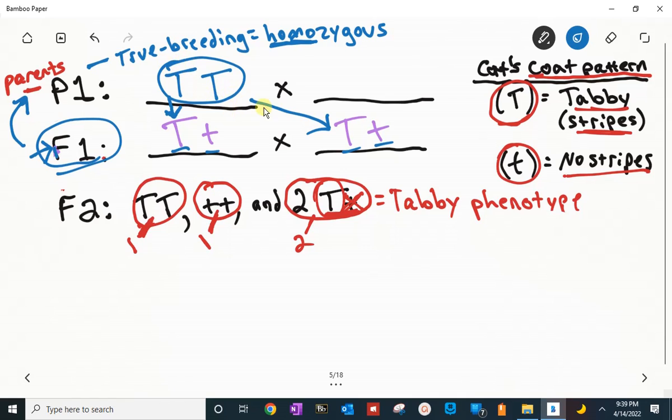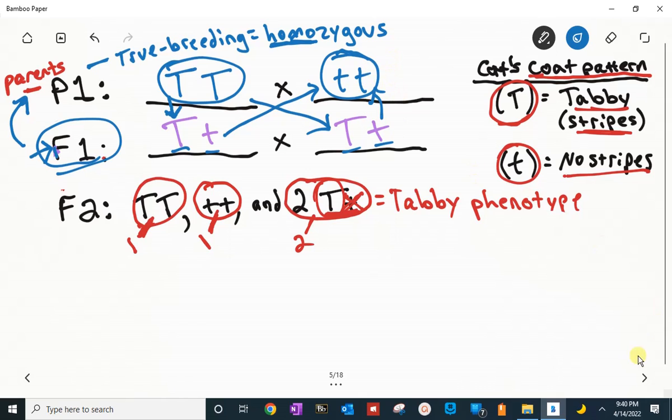They're going to be the same. And so that means this lowercase t is going to go up here with the other parent, and this lowercase t is going to go up here with the other parent. So this is working backwards to get the original parent, their homozygous traits for true breeding parents.